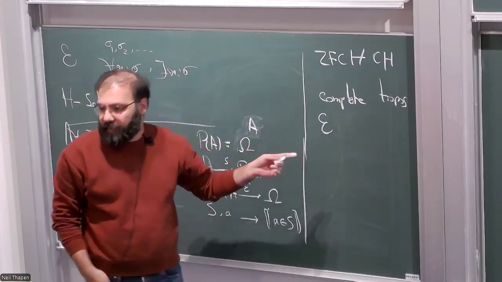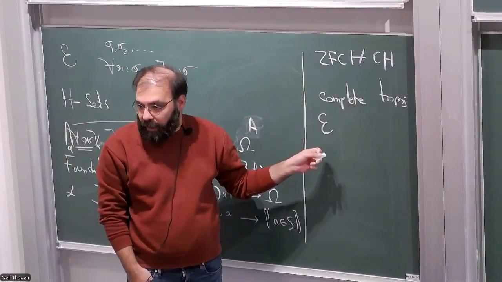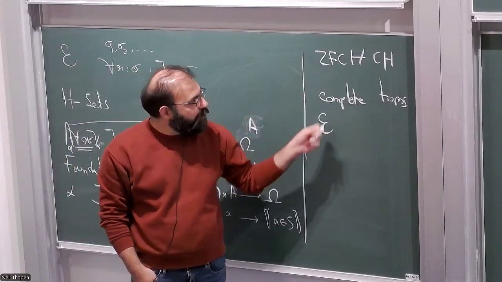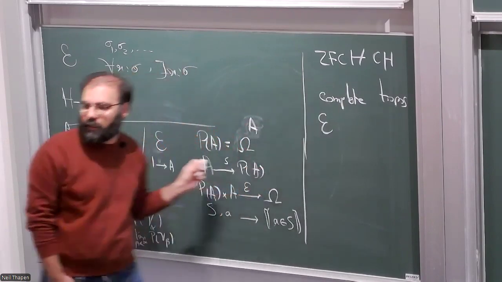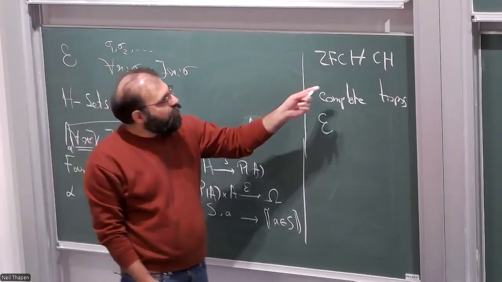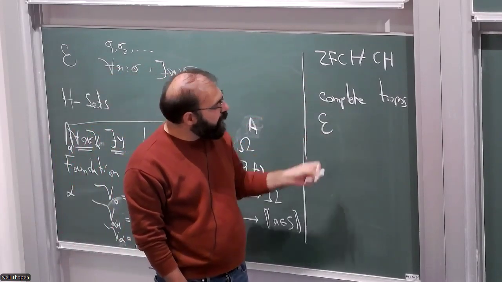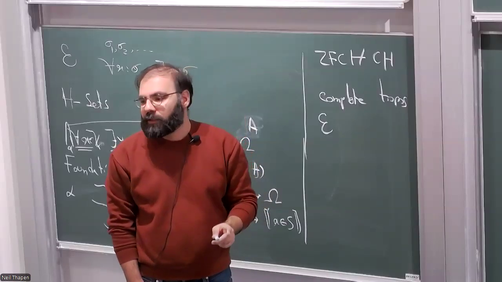Usually ZF is for free. C is not. C should be checked. If you start with some complete topos, you get your ZF via this construction, but not always C. Therefore, you also have to have some sort of axiom of choice for E. We saw one external version of it.